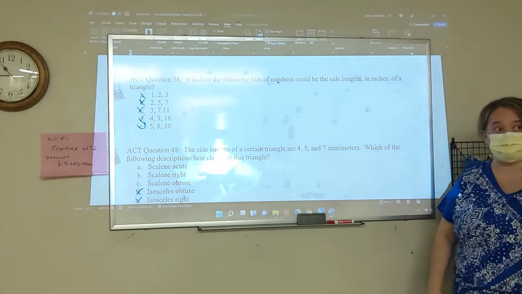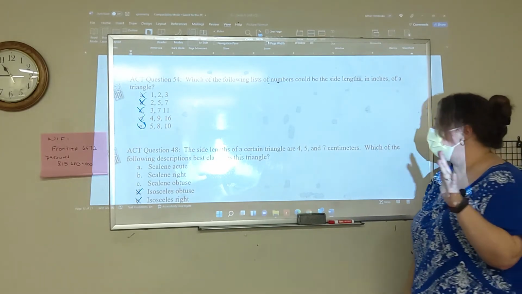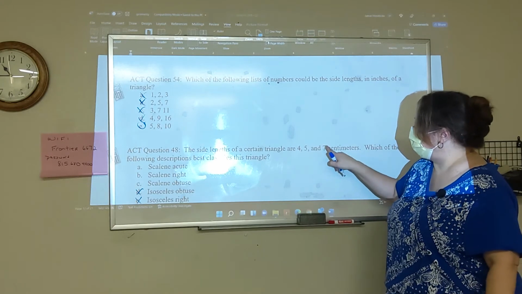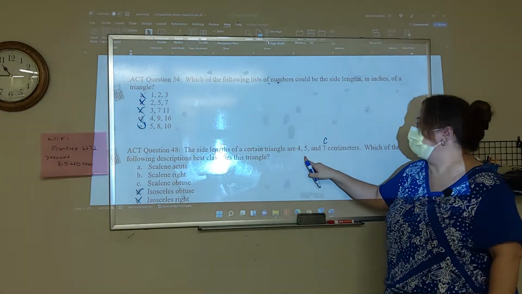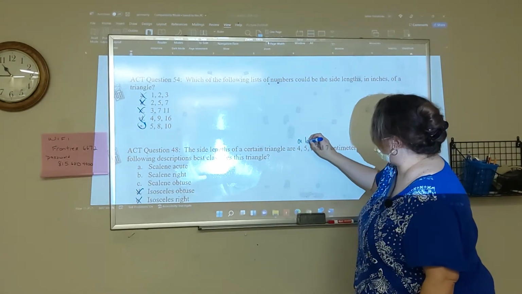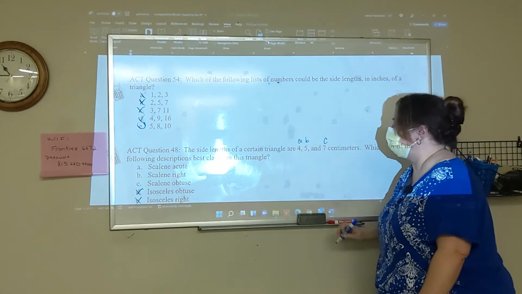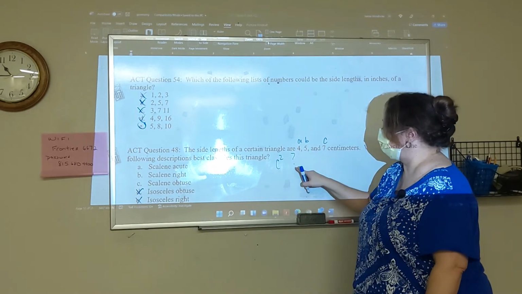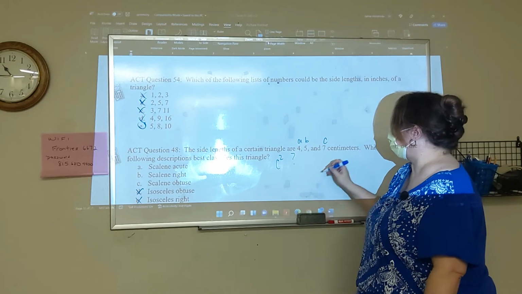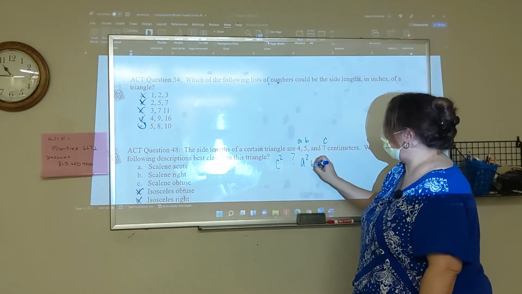So to figure out whether it's right, acute, or obtuse, we got to apply the Pythagorean theorem. So A, B, and C. My big number has to be C. The other two, it doesn't matter which one's A and which one's B. I'm just going to take them as they come. I'm going to say A is 4 and B is 5. So I'm going to set this up. I'm going to have C squared, and I don't know if it's less than, greater than, or equal to, so I'm just going to put a question mark. And then A squared plus B squared.